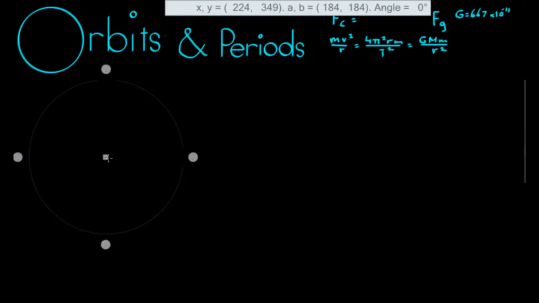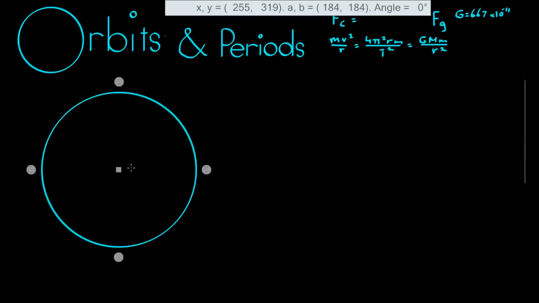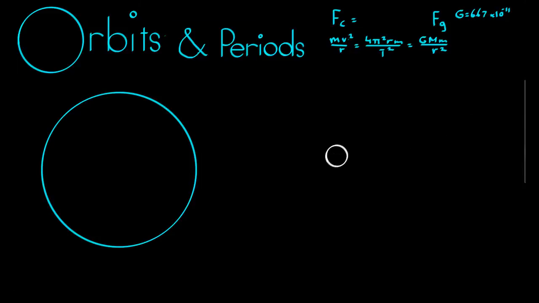So let's say we're modelling a satellite going around the Earth, and the satellite has mass, we'll say 100 kilograms, m equals 100, and the Earth has mass 5.97 times 10 to the 24.